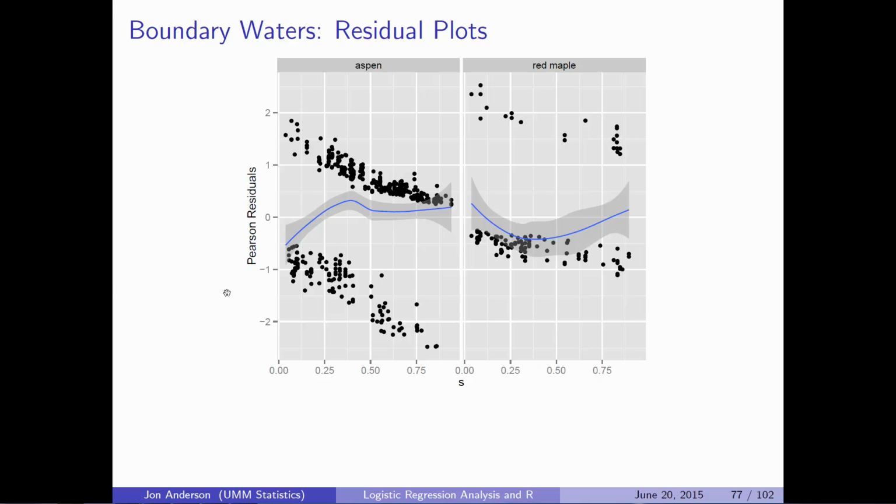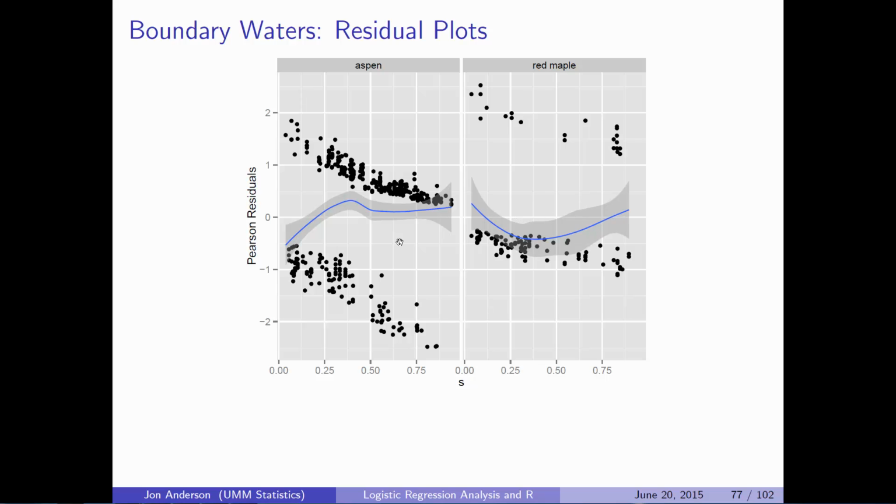What you're looking for in residual plots, again, is that good residual plots basically follow a zero residual on average. These aren't too bad, but you can see for aspens at low severity, our model's not really doing all that well. We're notably drifting below a residual of 0. And in the middle severity of maple, we maybe don't do quite as well.